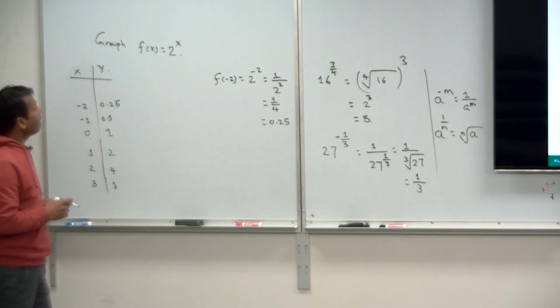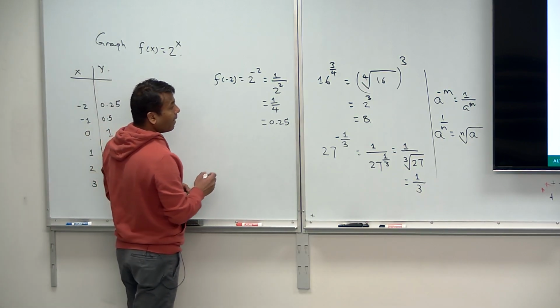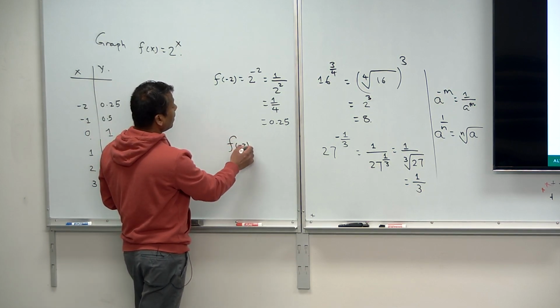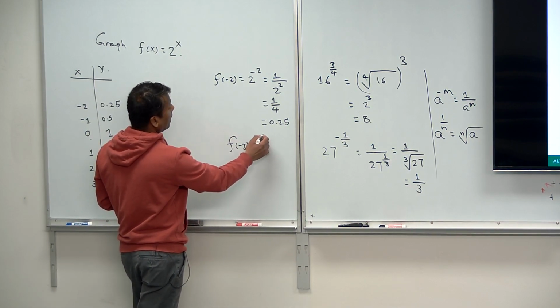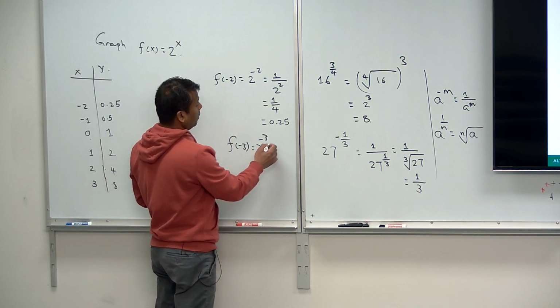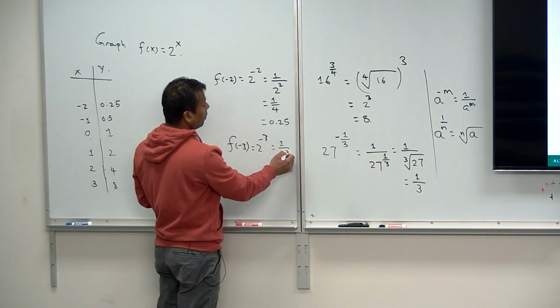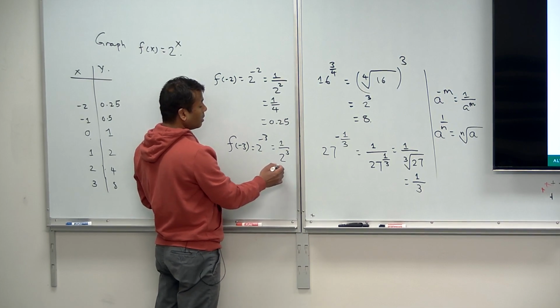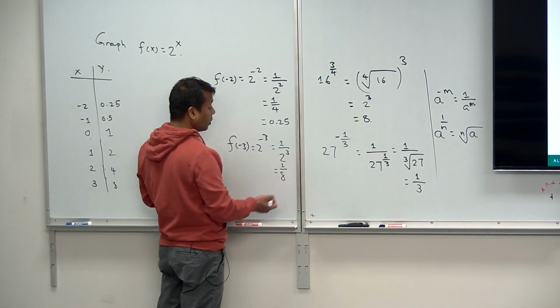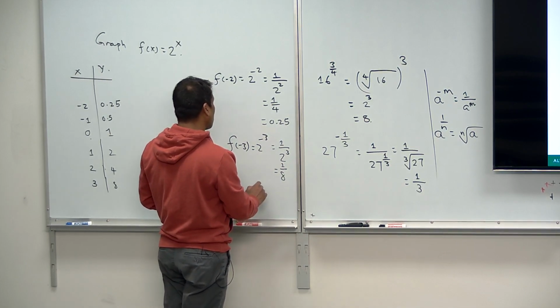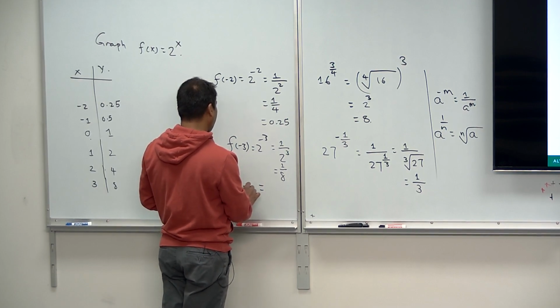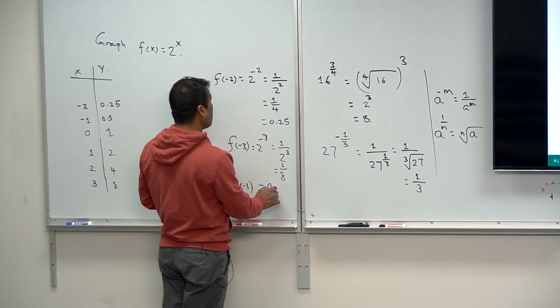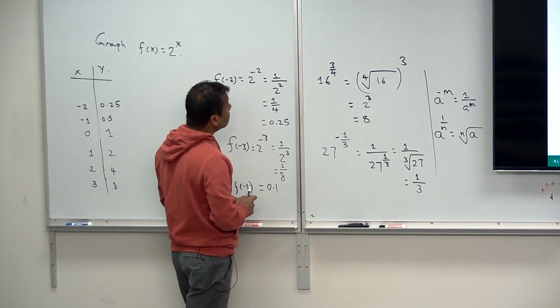Right? Are you with me? And then if you plug in -3, 2 to the power -3 is 1 over 2 to the power 3. 2 to the power 3 is 8. So what is 1 over 8? 0.125, right?